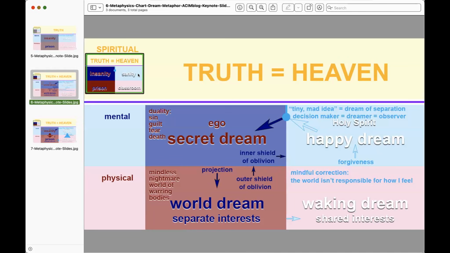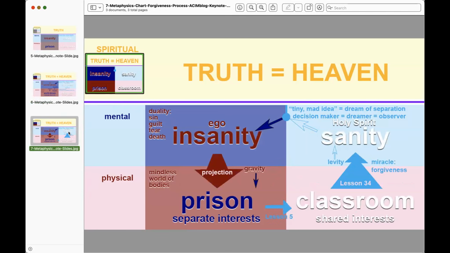But we're all working toward that, and we need to be very gentle and patient with ourselves as we go through this process, right? So here's yet another variant on the same chart. Same basic ideas, but I just put the word gravity and levity in here, and then I put lesson 5 and 34.